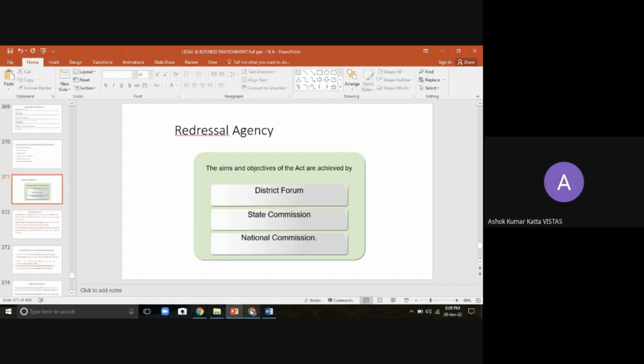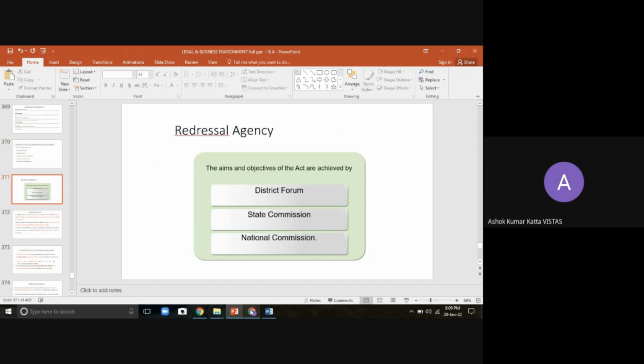When it comes to the next one, the redressal agencies. Last week in class we saw the video also on the district forum, state commission, as well as national commission. So what is this redressal agency?